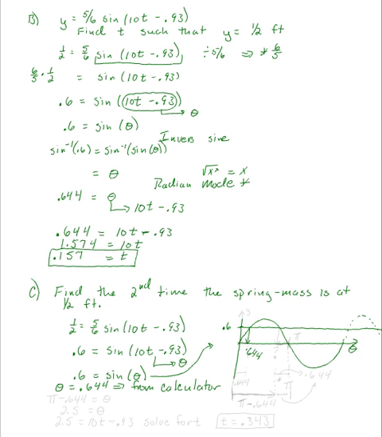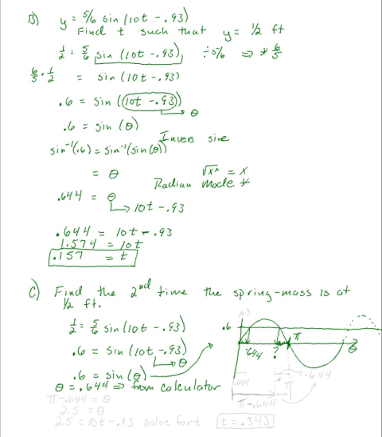Now, how do I get this second value here? Where does that come from? Well, I'm going to use a little bit of symmetry here. By that I mean, I know that this piece here and this piece over here have to be exactly the same. And I know that where the sine curve crosses through here is pi.